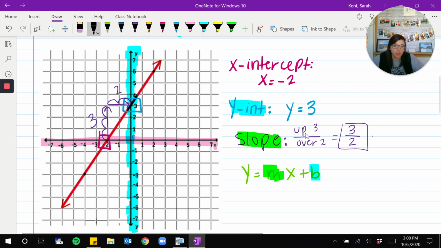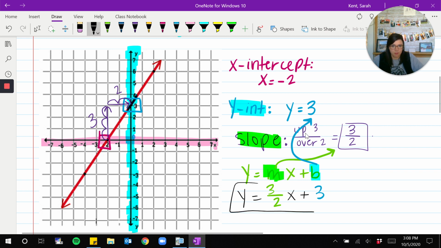So I would have y equals, for m, my slope, which is 3 over 2, and then x plus, and then I want my y-intercept, which here is 3. So for b, I would have plus 3. And that would be my final equation.